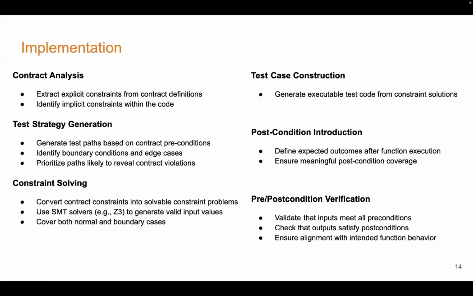I feed this into a constraint solver via SMT and Z3. Then I move on to the test case construction, which generates executable test code from the constraint solutions. I then introduce the postconditions, defining expected outcomes, and also inserting meaningful postcondition coverage. And lastly, I have pre- and postcondition verification, making sure that both the pre- and postconditions are satisfied with the input.